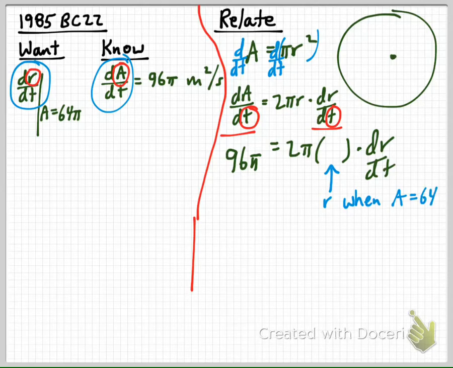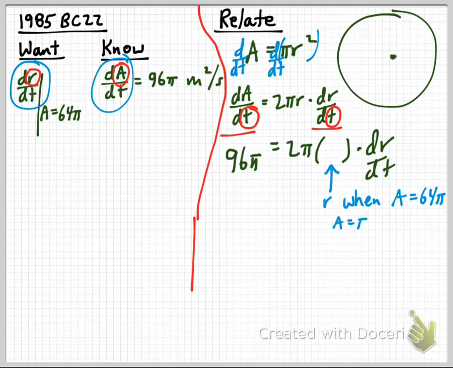If you notice, they gave us that we want the dR/dt at the precise moment when the A is 64 pi. Well, we haven't used that yet, so this would be the time we're going to use that. We again know that area is pi r squared.